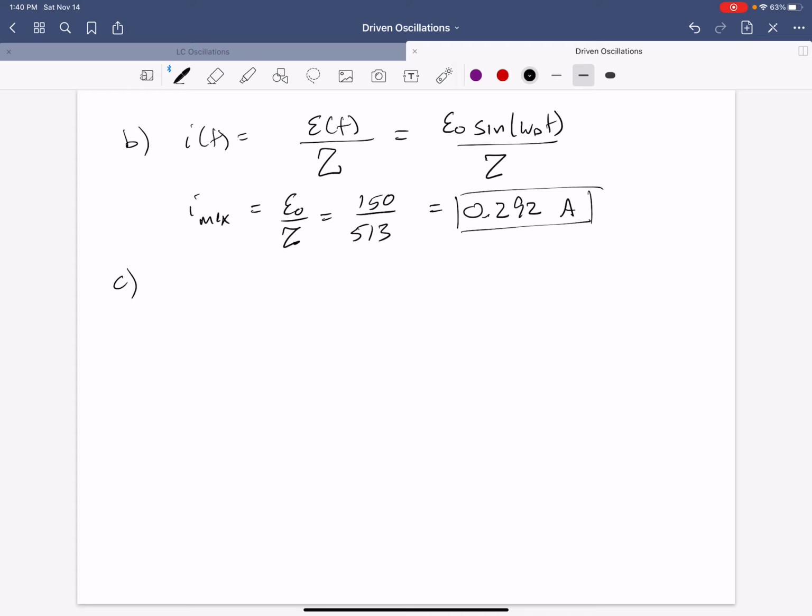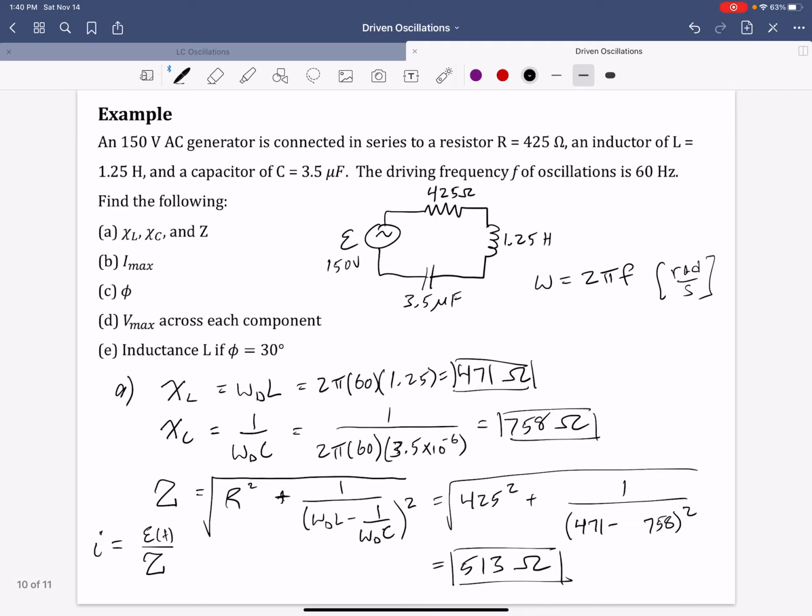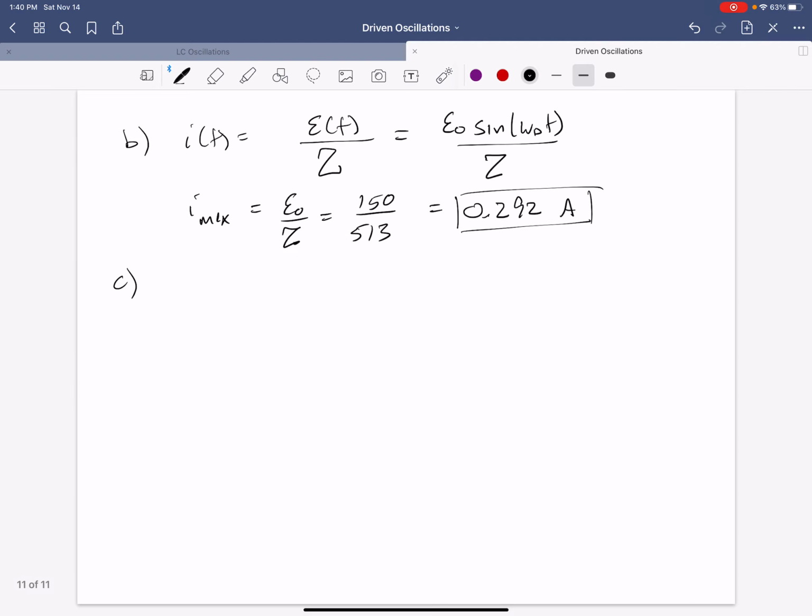All right, next part C. What's the phi? What's the phase angle? Remember, this is the phase angle between the driving EMF for the circuit and the current through the circuit. So we can find it by using this relationship for tangent.